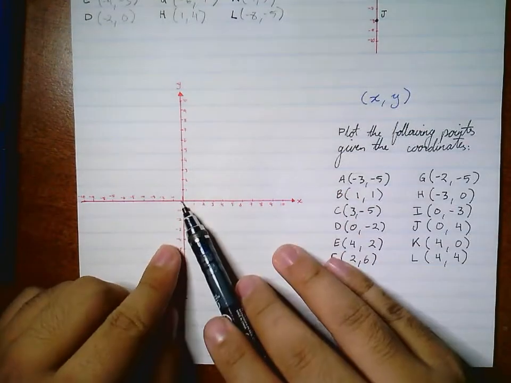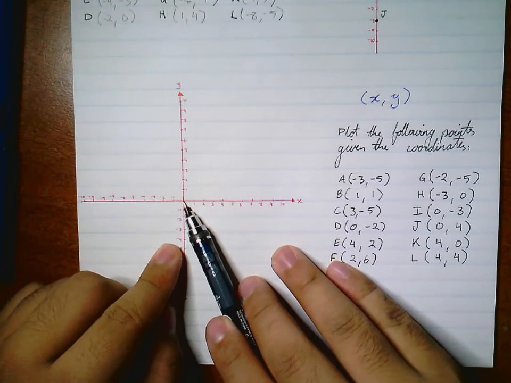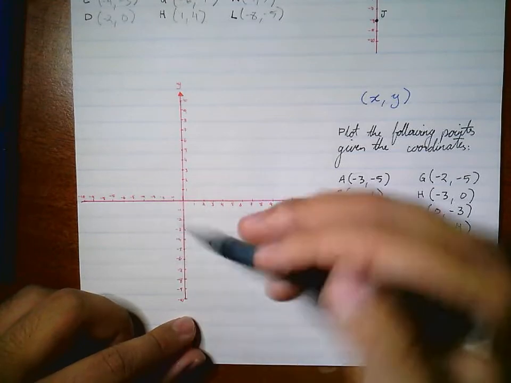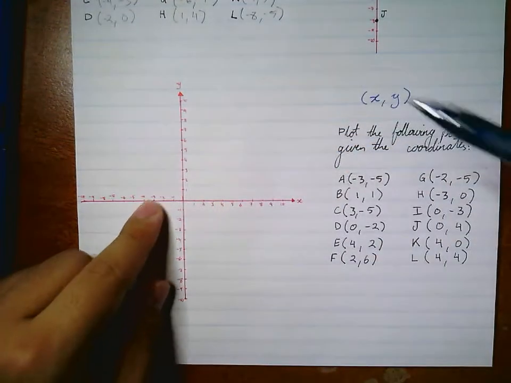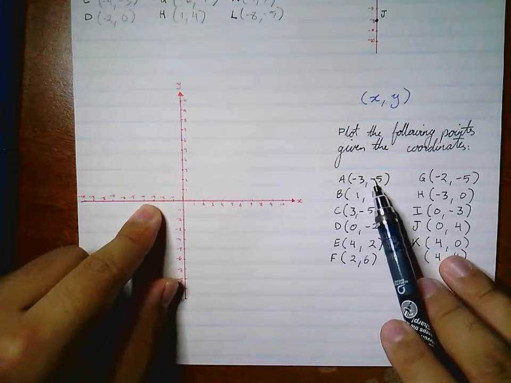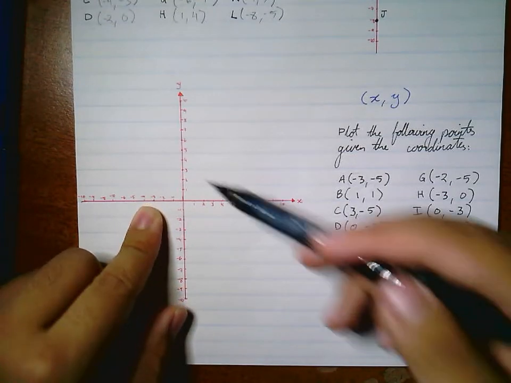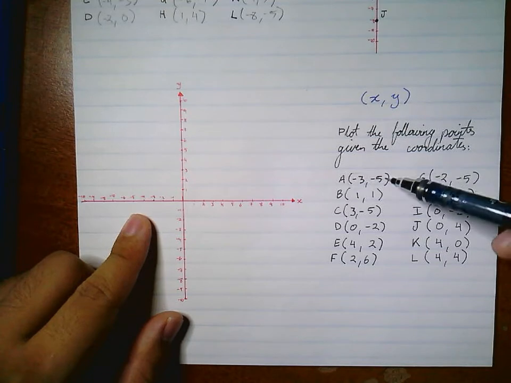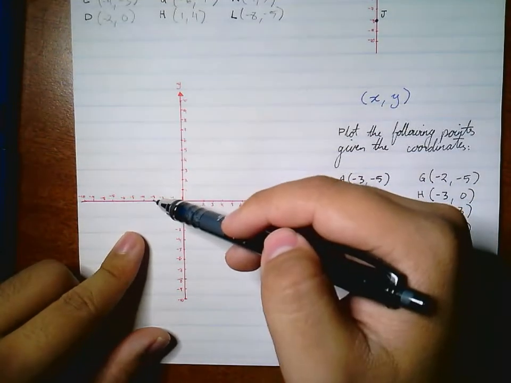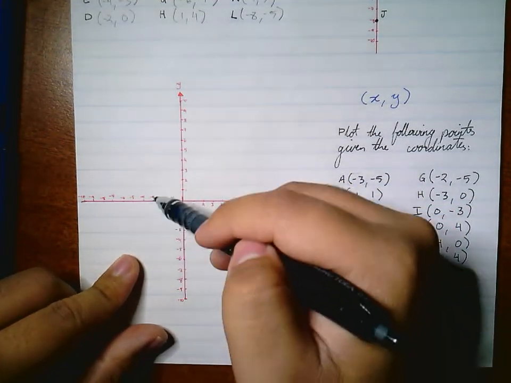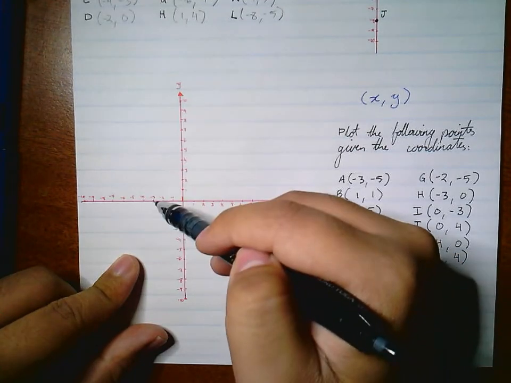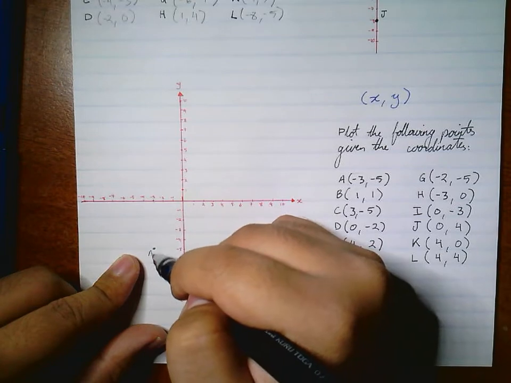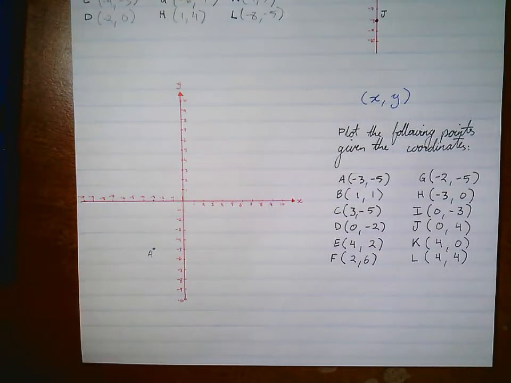Negative 3. We always start here and move to the left to negative 3: 1, 2, 3. So we are here. Now the second number is the up and down, which is y, so we move down to negative 5. There it is, right there. That is point A.